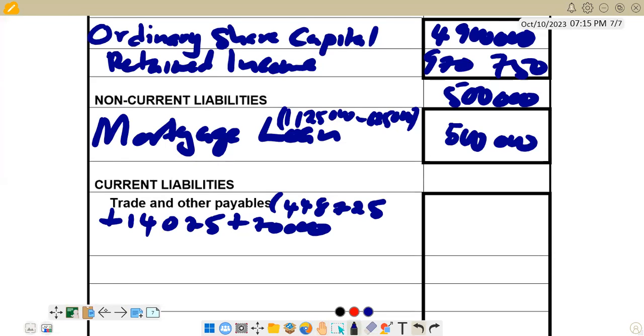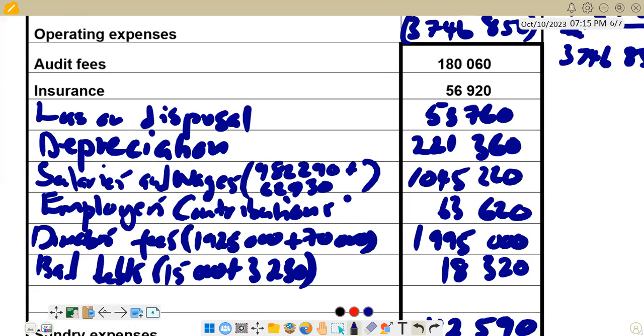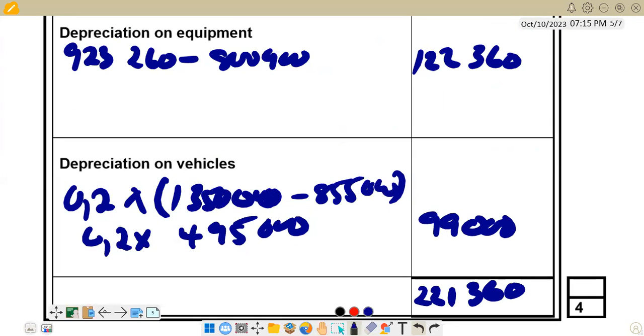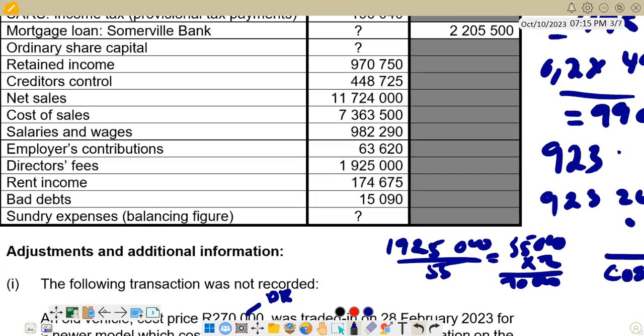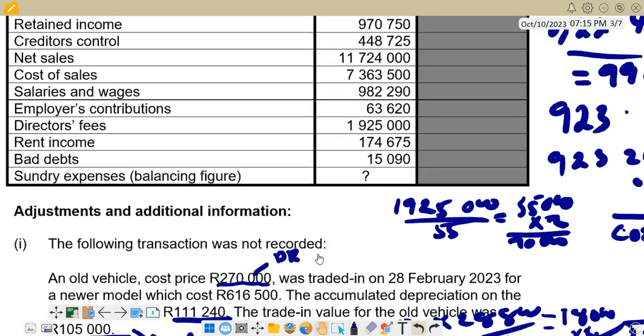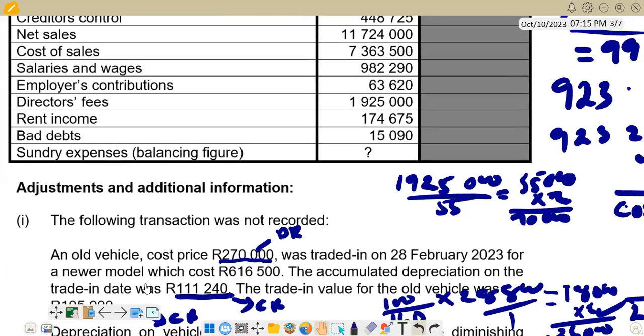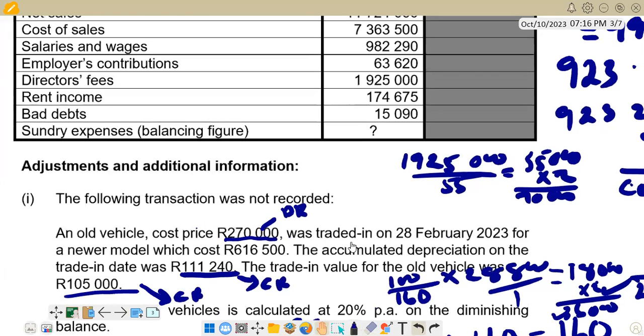And also, when we disposed, we had also purchased a non-current asset. Remember here, we had an old vehicle with a cost price, and then if you come here, it was traded in on 28th February 2023 for a newer model which costs 616,500.